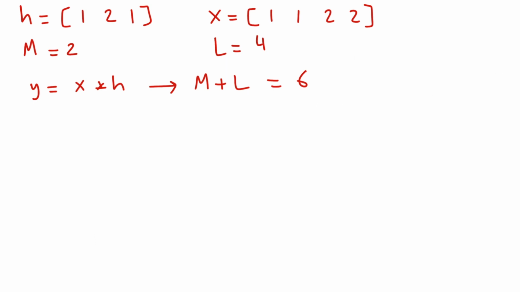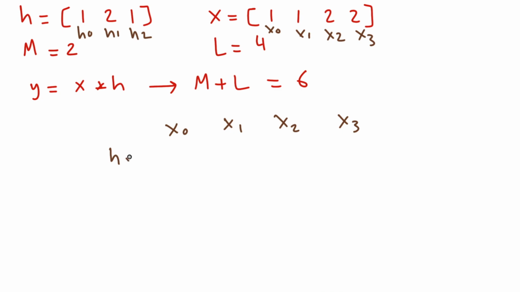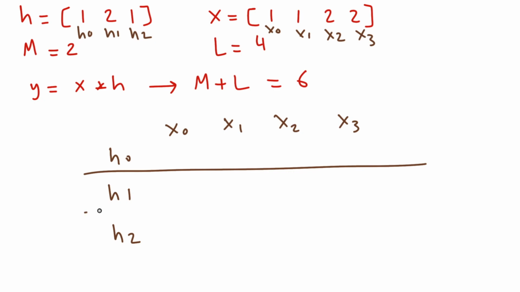So to get the general idea, let's use general terms: x0, x1, x2, and x3 as the columns, and h0, h1, and h2 as the rows. Make the table.